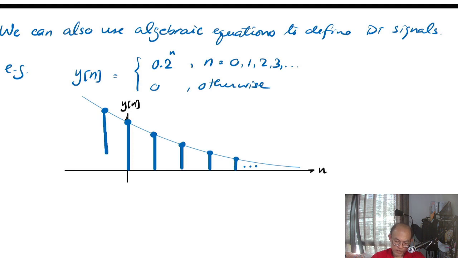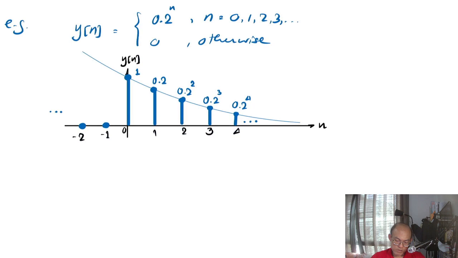For negative n, y is 0. So I can write down 1, 0.2, 0.2 to the second, 0.2 to the third, 0.2 to the fourth, and so on. And this is a graph for y.